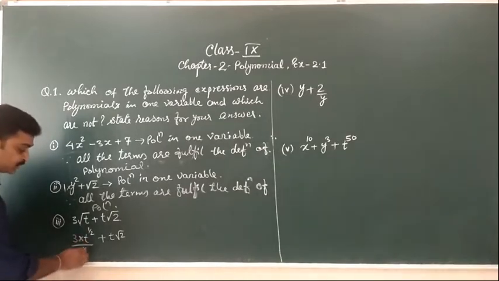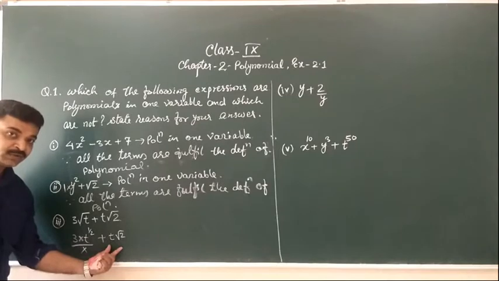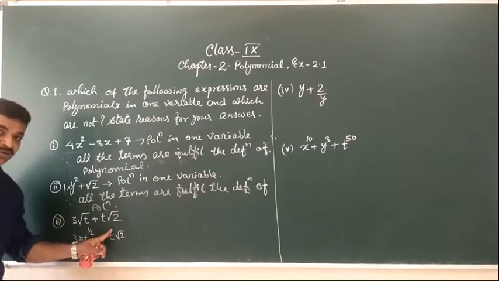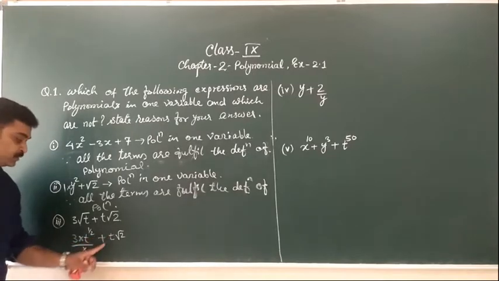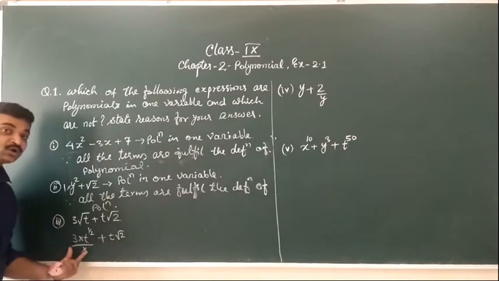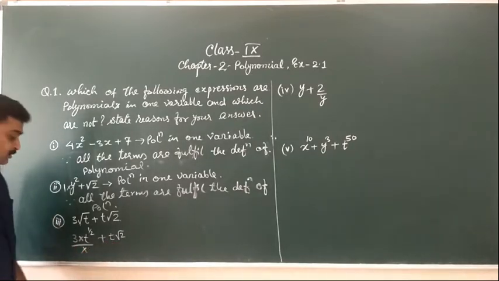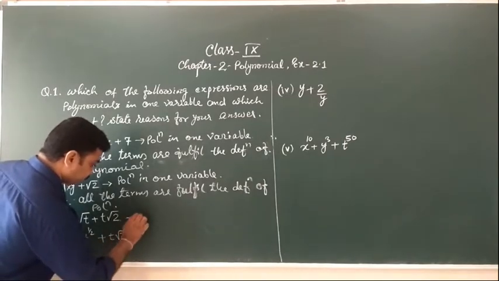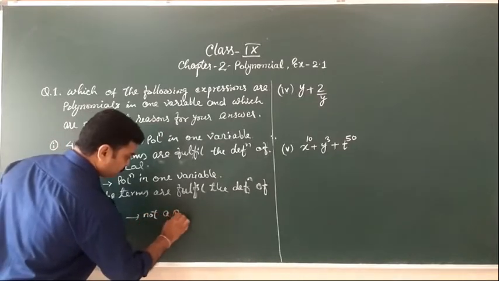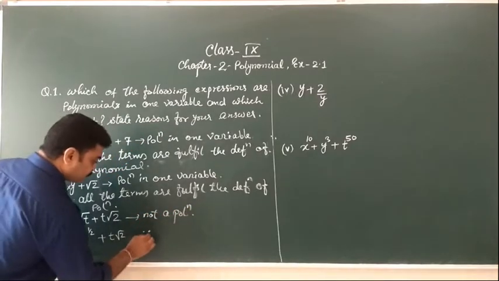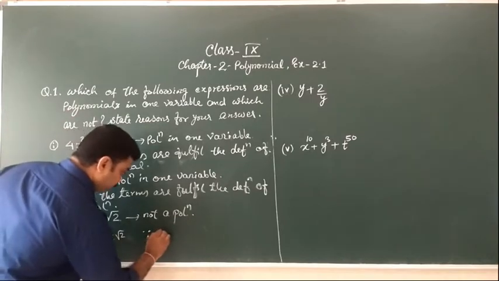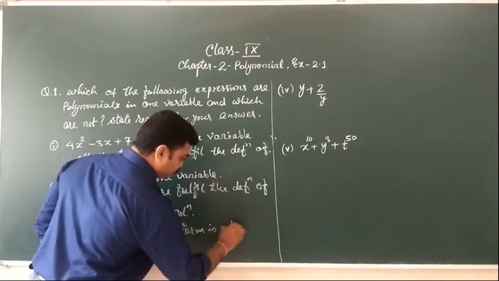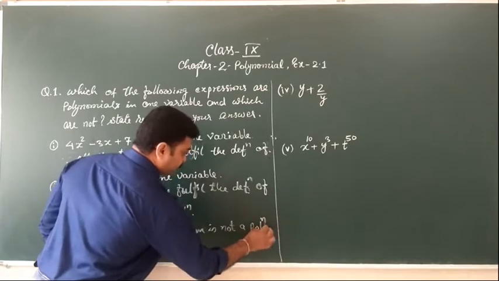So this term is not a polynomial, and the other term is a polynomial because it is constant into variable to the power whole number. There is no power, that means 1. But polynomial plus not polynomial is not a polynomial. So we will write here: not a polynomial. Why? Because the first term is not a polynomial.